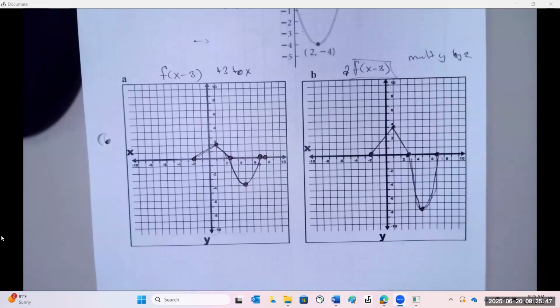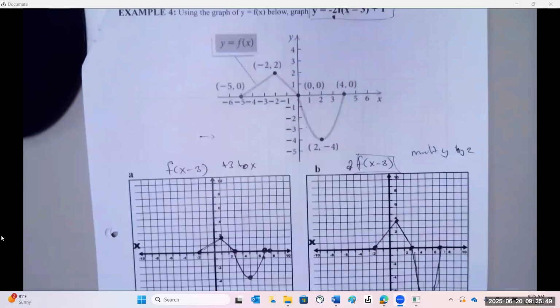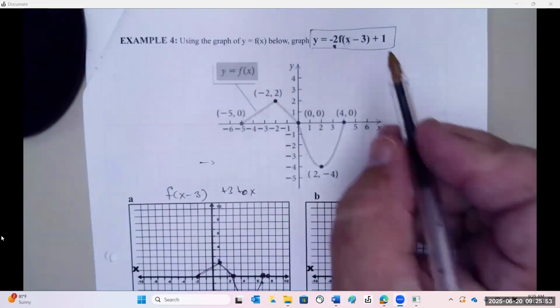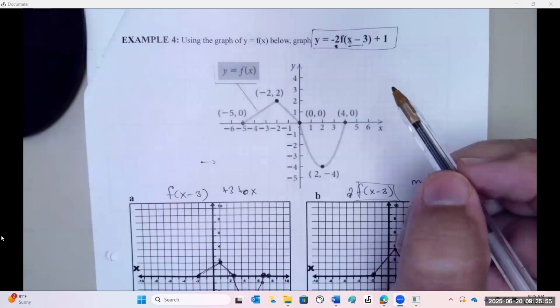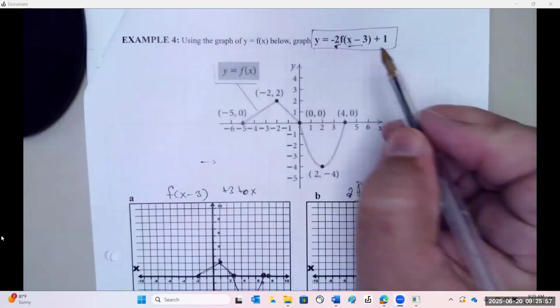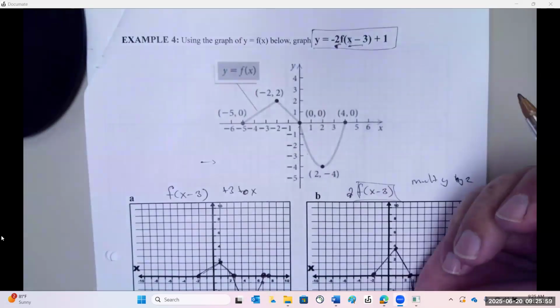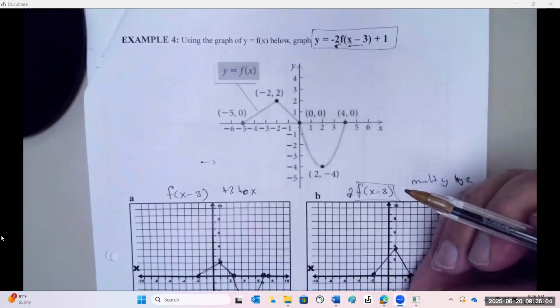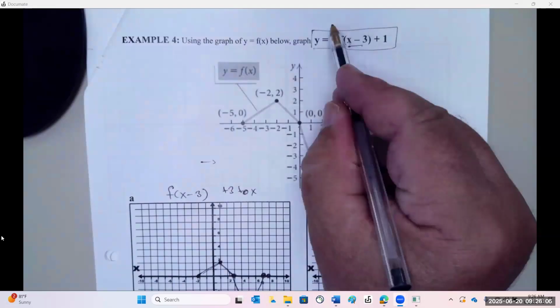What's the next shift we do in our function? What does it tell us to do next? We did the inside. We did the 2. Now what do we do? Did we do everything so far? We didn't do the negative.